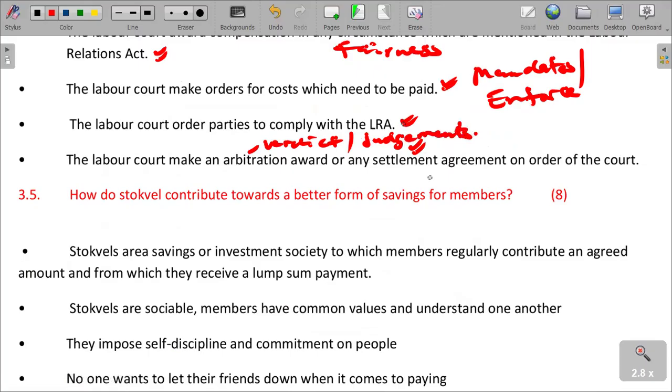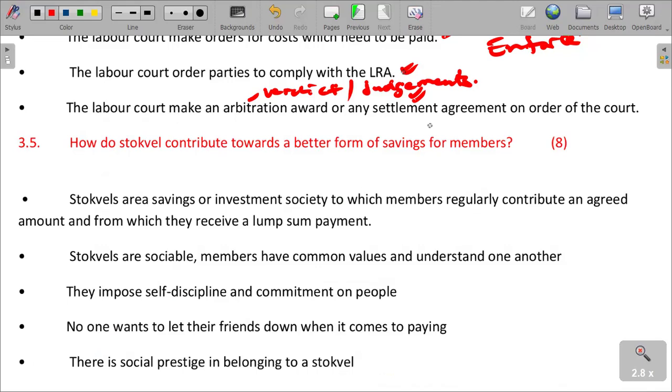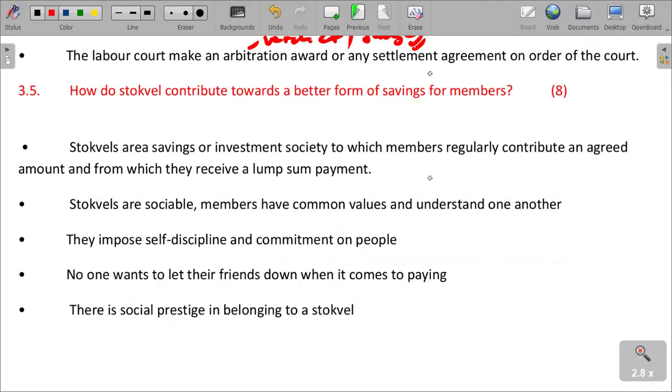And then how do Stokvels contribute towards a better form of savings for members? Stokvels are members coming together and saving money as a group. So how do Stokvels contribute towards a better form of savings? One, Stokvels are a savings or investment society to which members regularly contribute an agreed amount and from which they receive a lump sum payment.